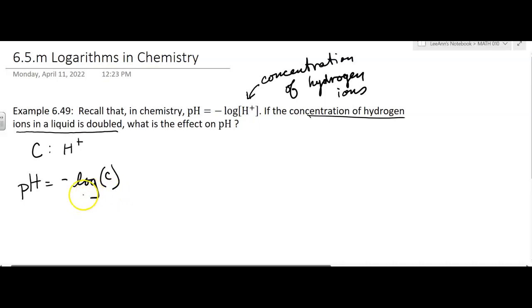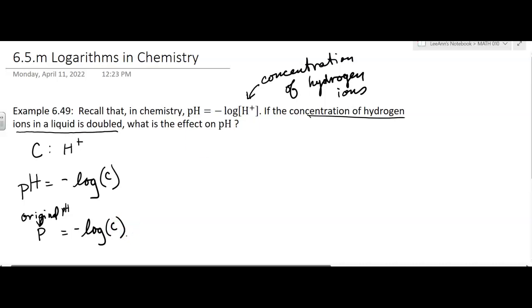Now I don't want to use pH, so let's just say original. They use P in the book. So that's the original pH. And we're going to represent it as P. So that's just if you have a concentration of C, that's what it would look like.